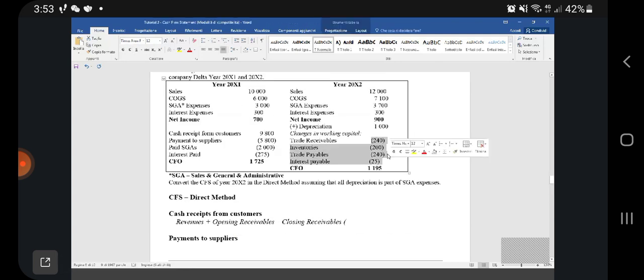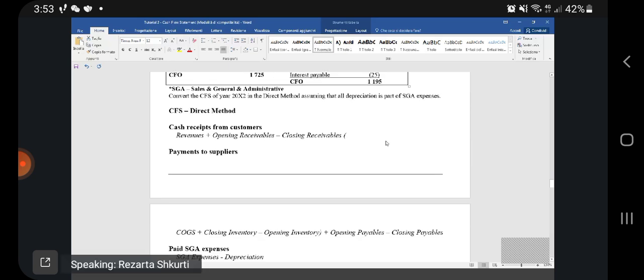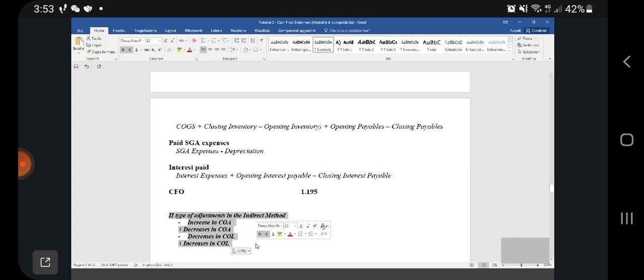Even though, as your friend said, in this case I will consider the trade receivables with a minus, exactly as it is here, that does not mean that it will be the same exact situation for the other items. So please take into account everything that is suggested in the indirect method. And whenever you are deciding, have a look at these pluses and minuses.